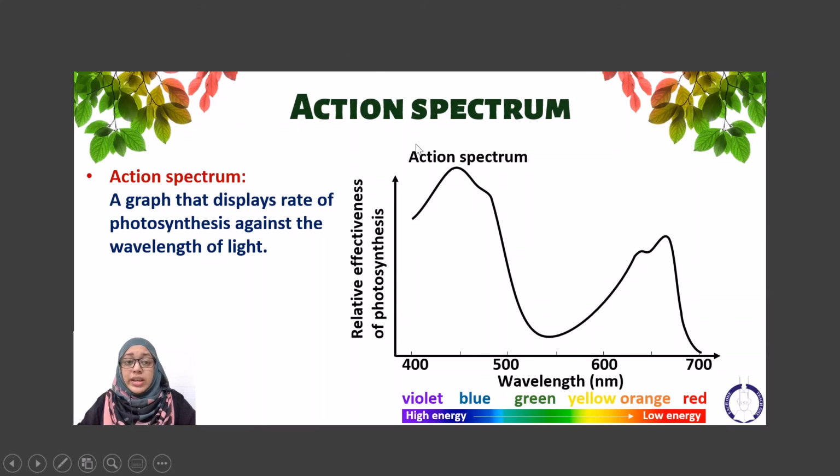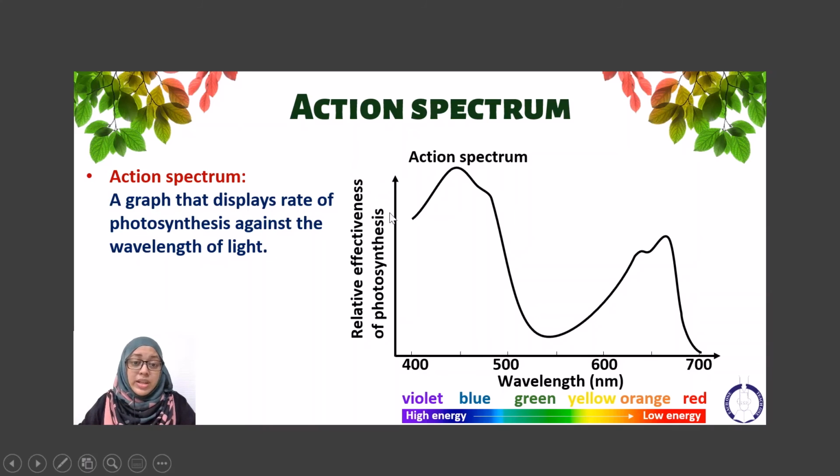Okay, so action referring to the photosynthetic activity, spectrum referring to the wavelengths of colors that are being involved in it. So this graph will always be in terms of something to do with photosynthesis. So it would be either the effectiveness of photosynthesis, it could be the rate of photosynthesis, or it could be in terms of the relative activity of photosynthesis.